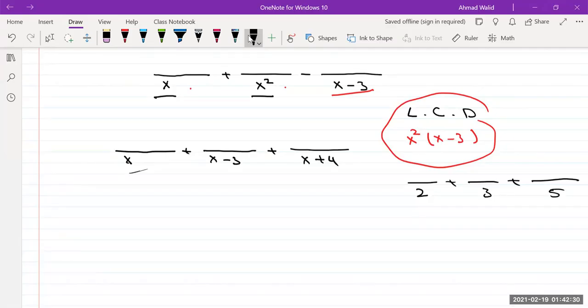The LCM is to multiply these numbers because all of them are prime, right? You cannot factor them anymore. If your denominators are like this, prime, it's really easy to choose the LCM. The LCM is the product of the denominators, but always keep it in factor form. X times x minus 3 times x plus 4 will be your LCM. Do not multiply, please. Keep it in factor form.